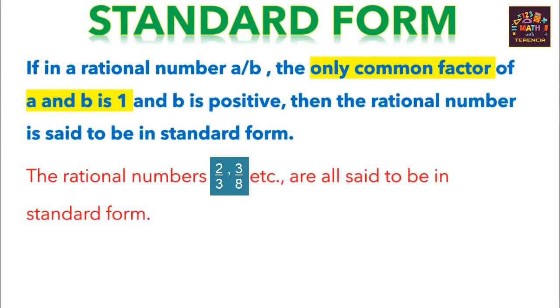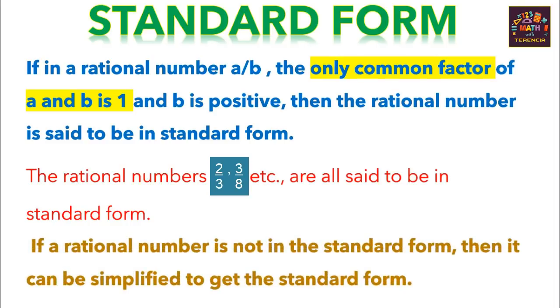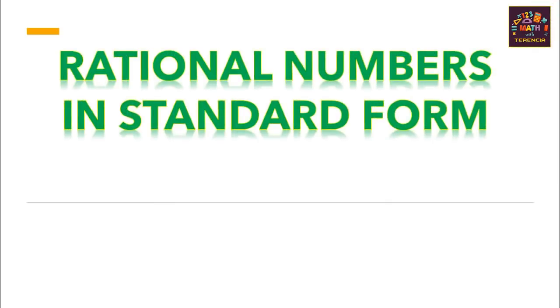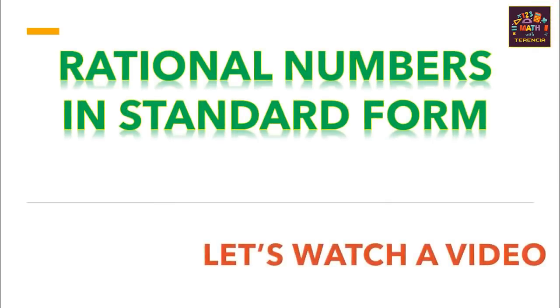Here are some examples of numbers which are in standard form. If a rational number is not in the standard form, then what can we do? We can simplify it to get the standard form. So now let's watch a video on how to represent numbers in the standard form.